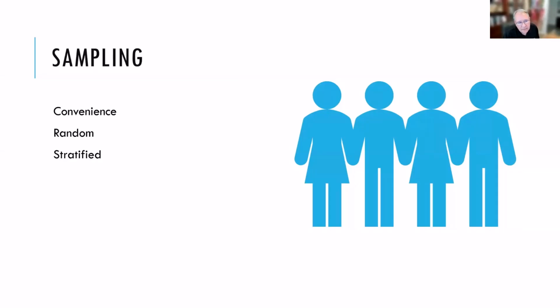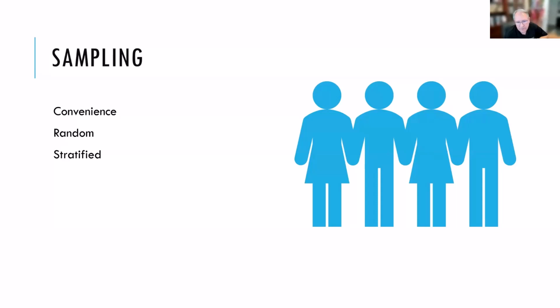Another important concept is sampling. So you can have what's called convenience sampling, just first come, first served, whoever you can get to be in your study. My field is cardiac rehab, and if I can just get 10 people from my program to sign up, that's a convenience sample.